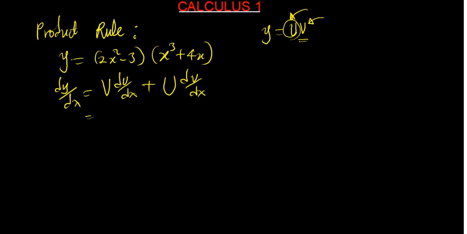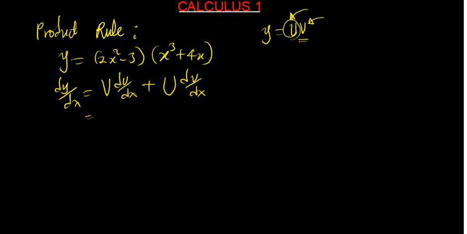So for this one, really the order doesn't matter. Anything you start with, the order doesn't really matter. The order will very much matter when you're talking of the quotient rule. We'll look at that soon.